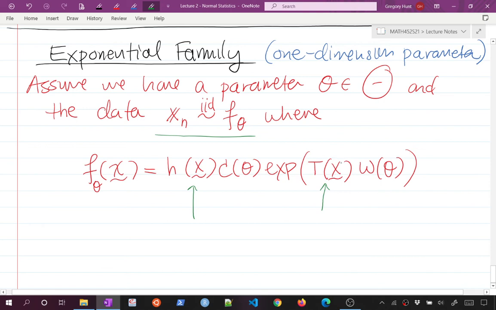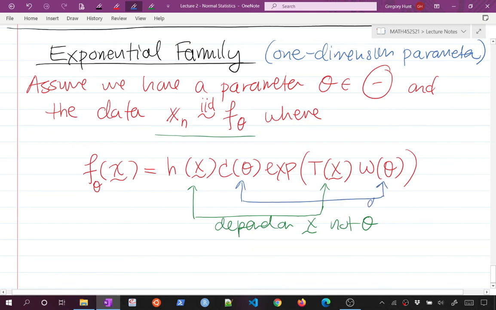Exponent of some t that depends on the data, not theta, and some w that depends on theta, not the data. So h and t depend on data, not theta, and c and w are the reverse, depend on theta, not data.